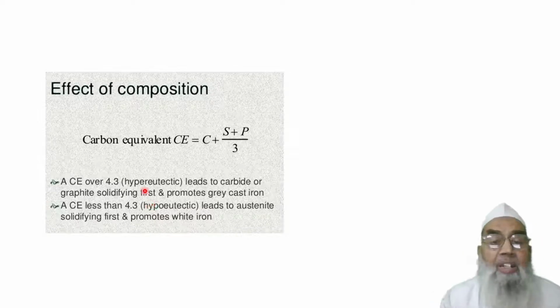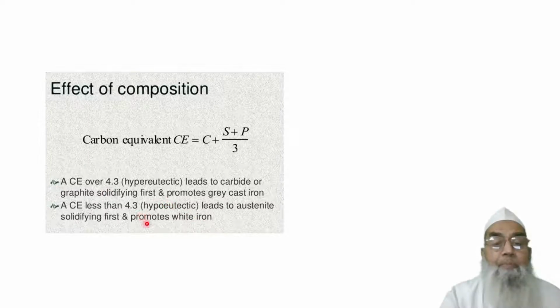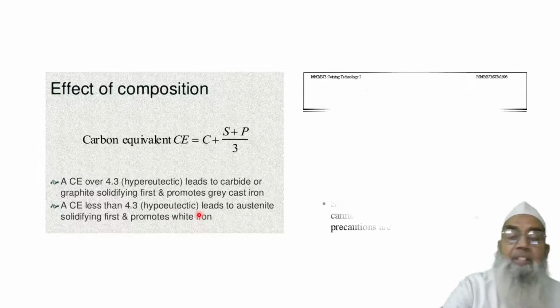Now, hypereutectic leads to carbide or graphite solidification, while hypoeutectic promotes formation of white iron.